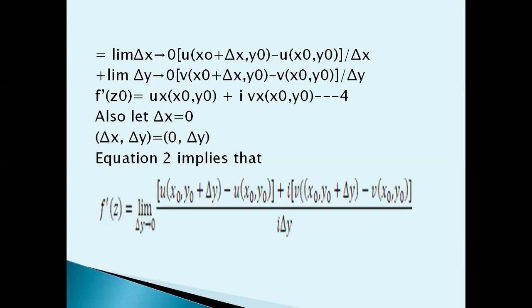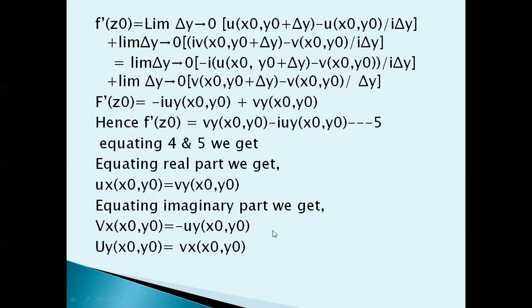Then we have the limit Δy tends to 0 of [u(x0, y0+Δy) − u(x0, y0) + i(v(x0, y0+Δy) − v(x0, y0))], the whole thing divided by the denominator, which is i Δy only.